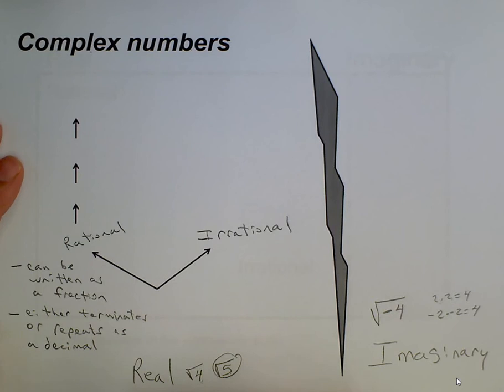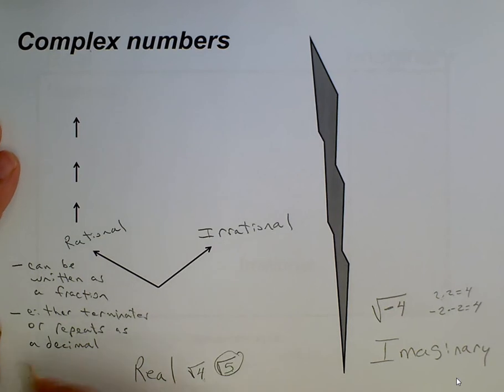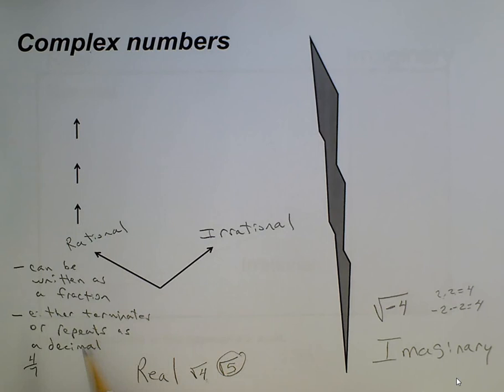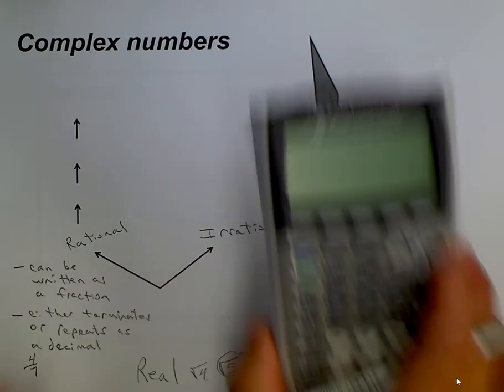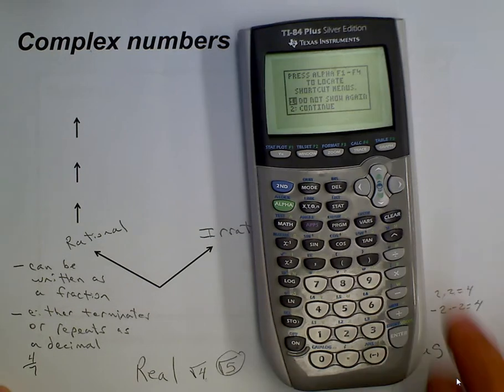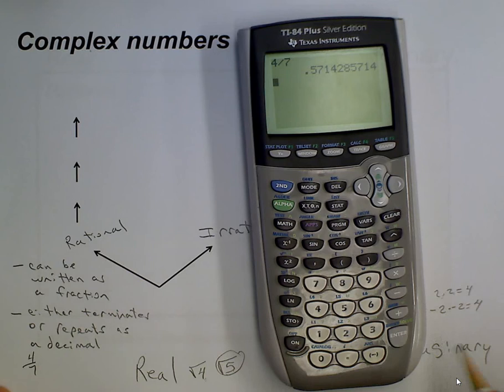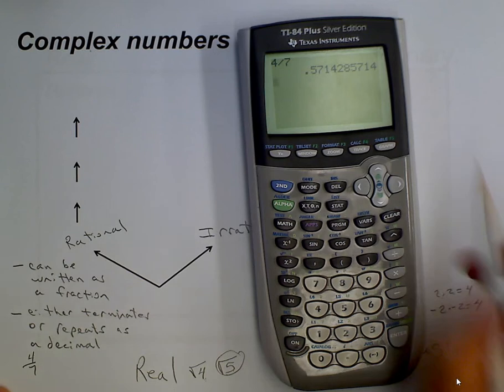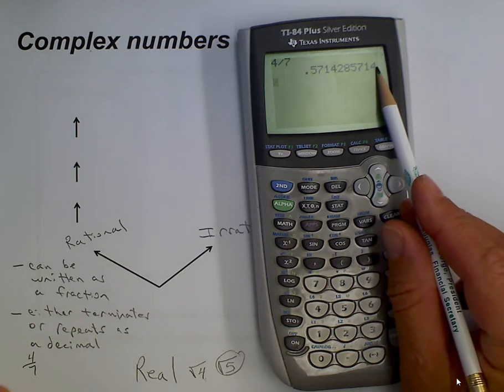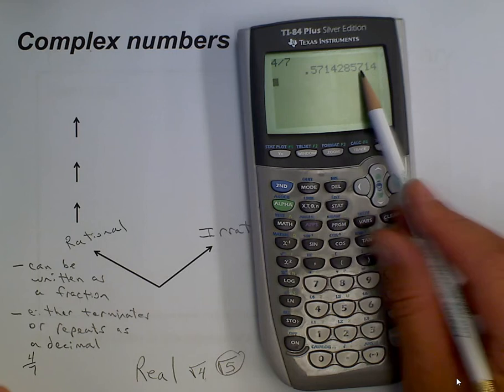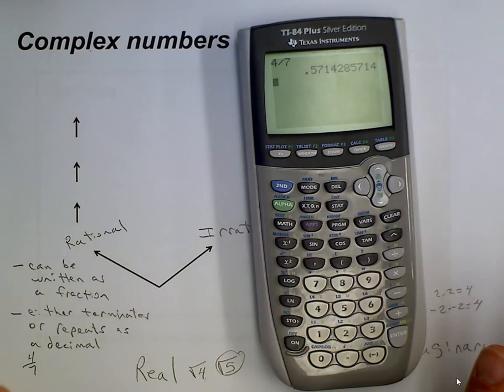So an example of this would be, for instance, 4/7. If I take 4/7, well, that is written as a fraction. The decimal equivalent for 4/7, if I take a look on my calculator, 0.57142857, and then it repeats itself, so the next numbers will be 2857, and it keeps going on. That would be a rational number.